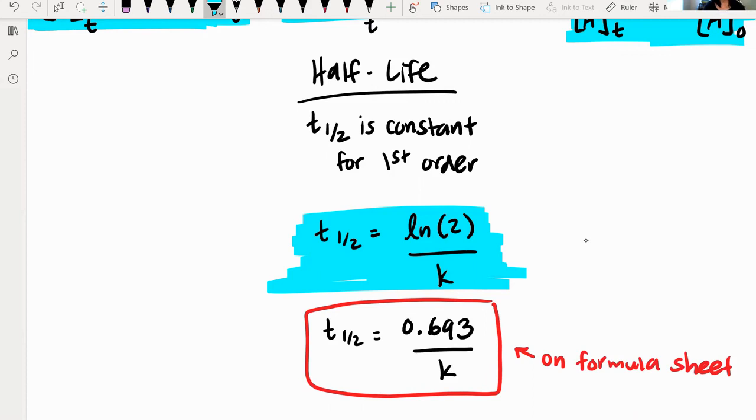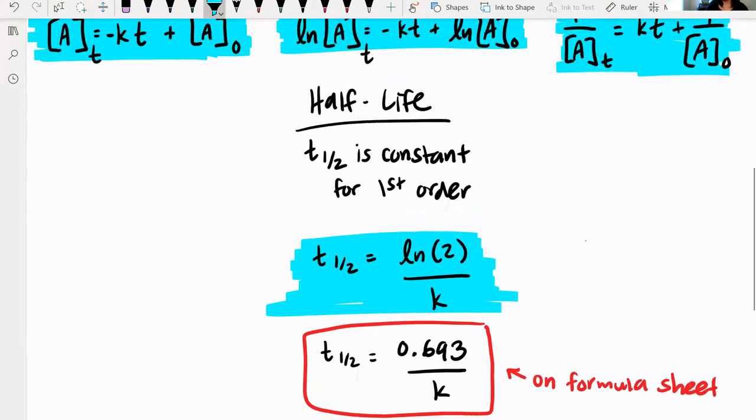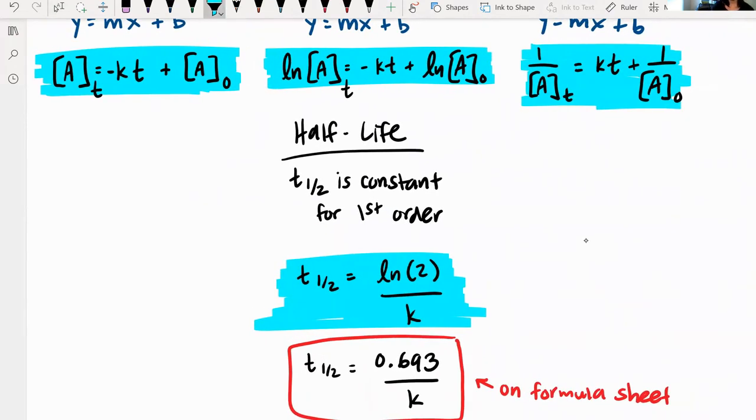You know what else is on your formula sheet? The integrated rate laws. The y equals mx plus b. Those are also on your formula sheet. Okay, so do you have to memorize them? Kind of yes and kind of no. They're on your formula sheet, but as we know, the more we know here, the better off we are, the faster we can move through tests, exams, quizzes, etc. So you can always access the formula sheet.